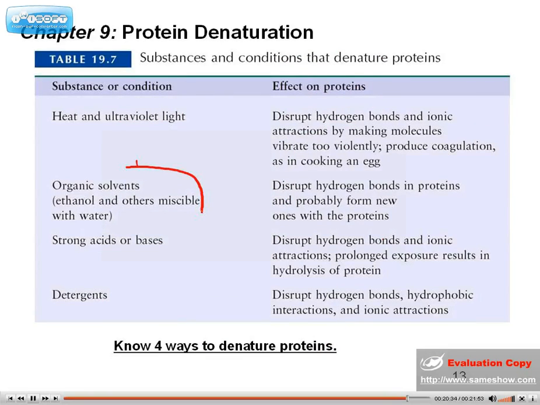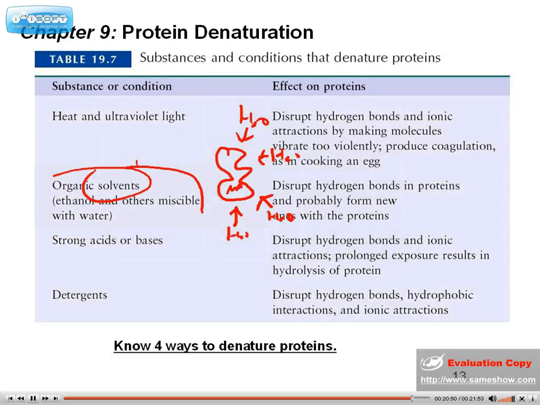So here's my protein right here, and then you have water which pushes in the protein, so that way you can avoid the nonpolar inside. Well, if you add an organic solvent, then that means there's no more water. Consequently, with a nonpolar organic solvent, the hydrophobic effect is lost.